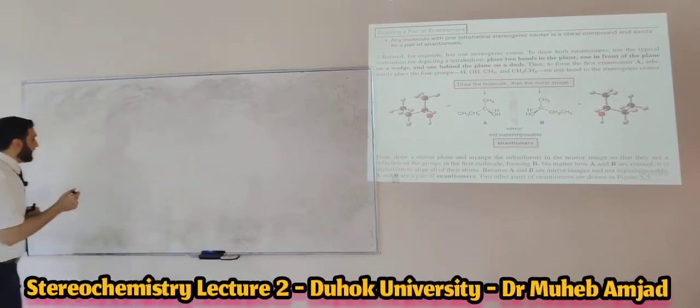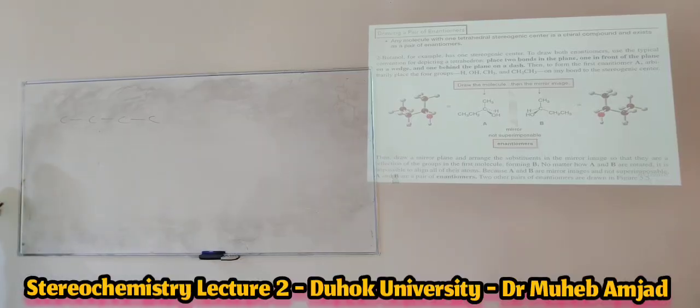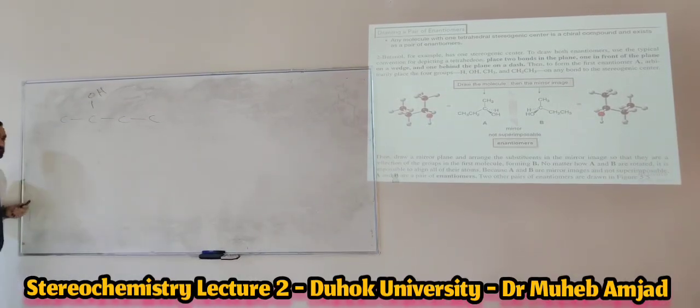2-butanol: methane, ethane, propane, butane. In 2-butanol, we have here what? We have OH, okay? OH. And here we have hydrogen.